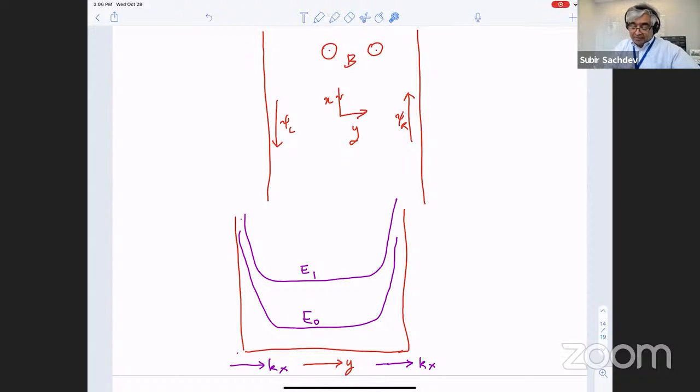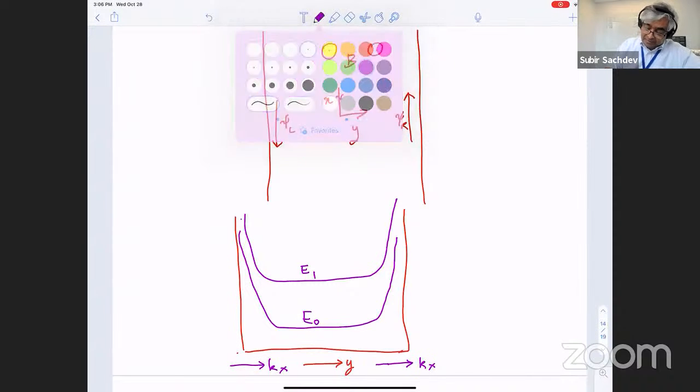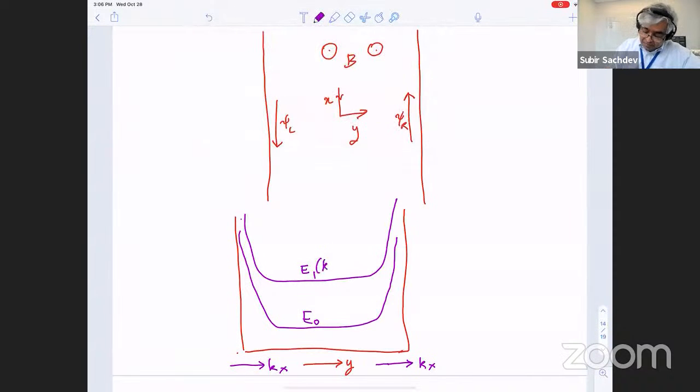If you work it out, the dispersion is E1, which is now a function of kx, and E2 is also a function of kx, and so on. That's the first Landau level and the second Landau level, and the energy disperses as a function of kx.